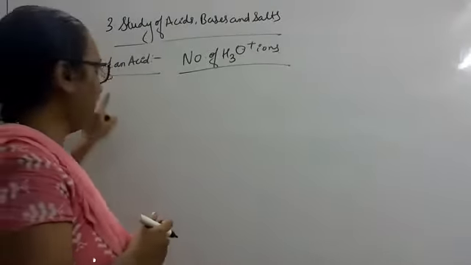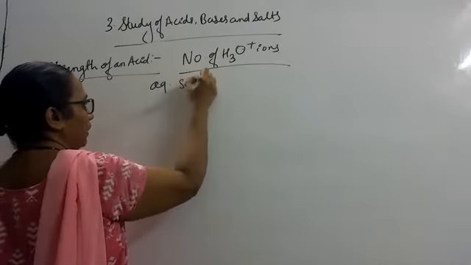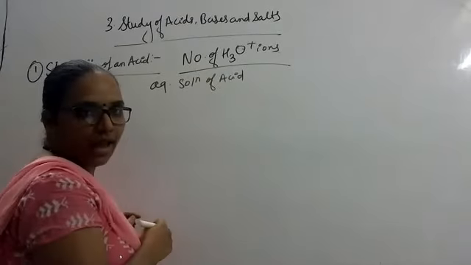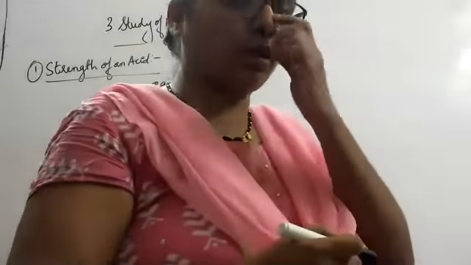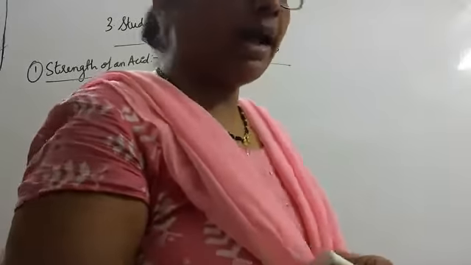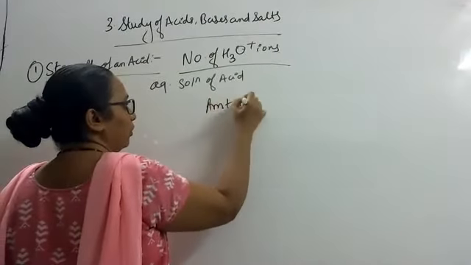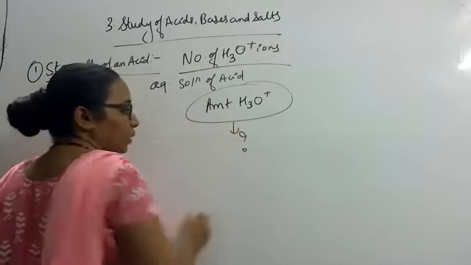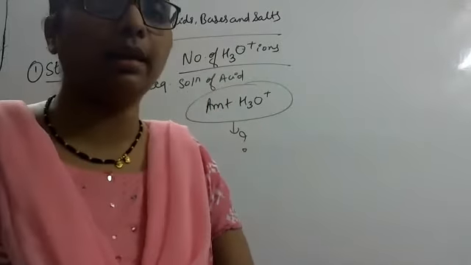When we take aqueous solution of acid, aqueous solution of acid means acid dissolved in water. So when we take an acid and dissolve it in water, how much amount of hydronium ions are formed by that acid?